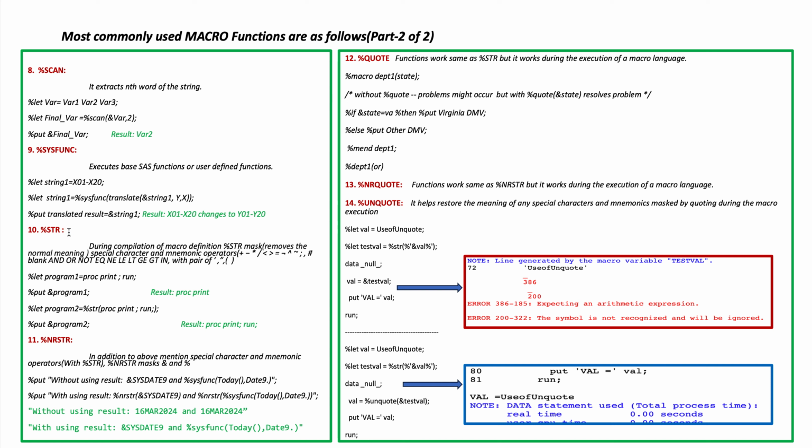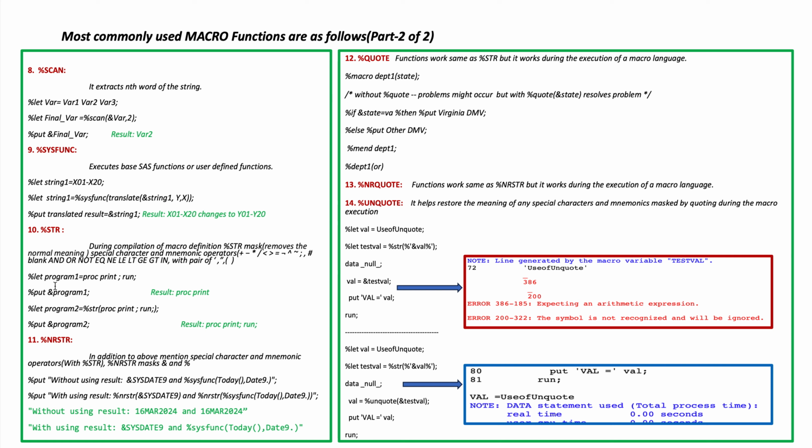Number 10, %str. During the compilation of a macro definition, %str masks, that means it removes the normal meaning of special characters and mnemonic operators. For example, suppose we have a SAS program written in a SAS macro variable.